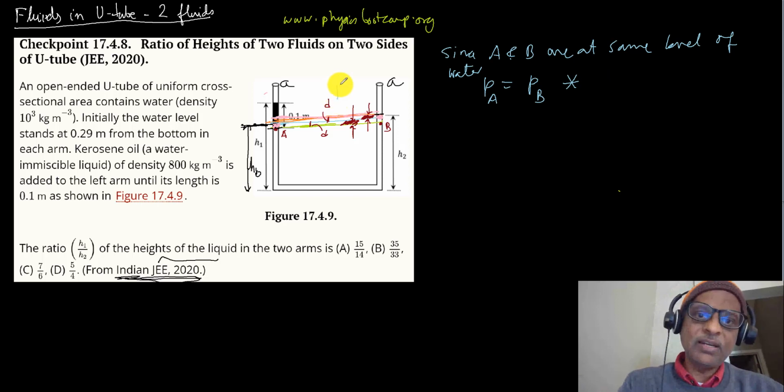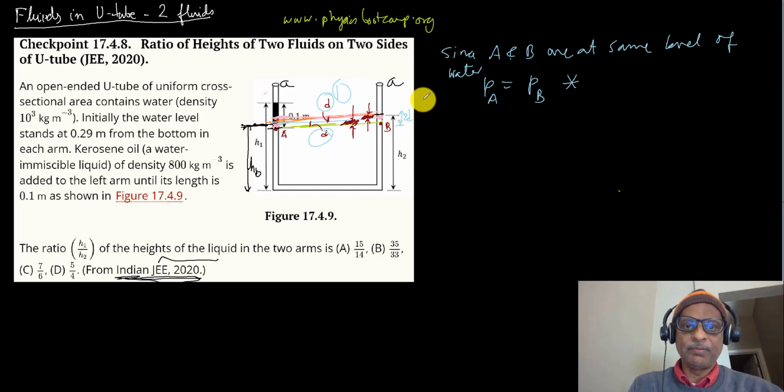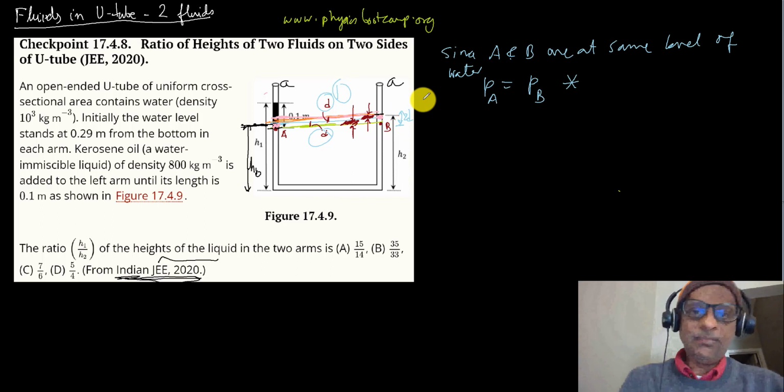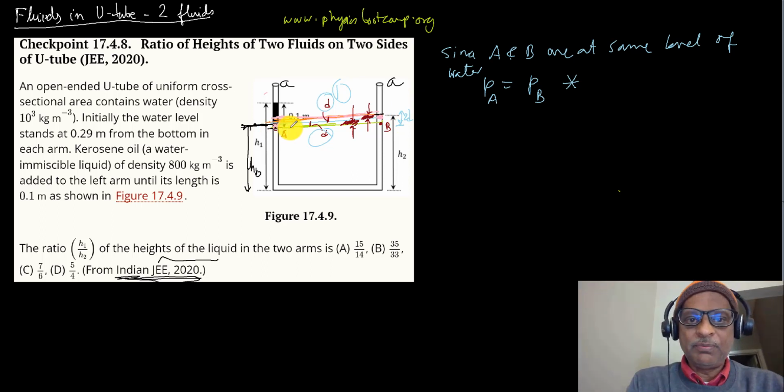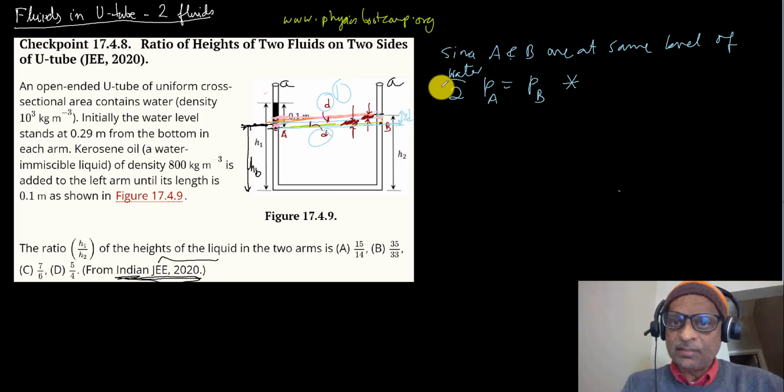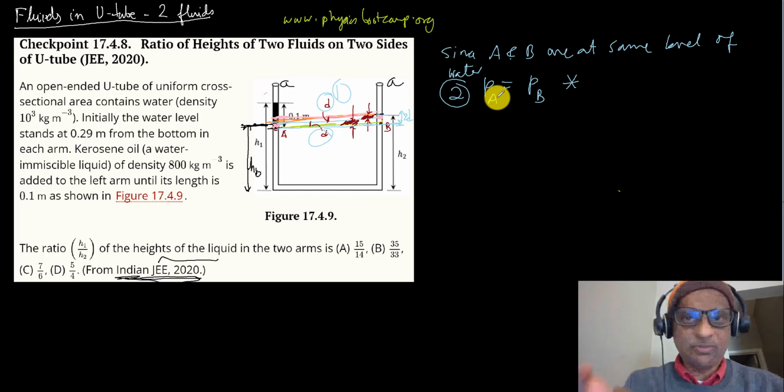So the first thing to realize is this D is equal to this D, and so on this side it is 2D. From the left side to the right side, the distance is 2D. So that's the first thing, and this is the second thing to realize. And once you realize, the problem is almost trivial.